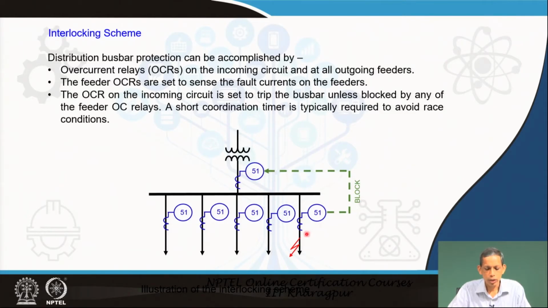Whenever none of these relays finds a fault, the incoming relay will not be blocked, ensuring that there is an internal fault in the bus bar. This is the simple interlocking scheme based on the overcurrent principle.